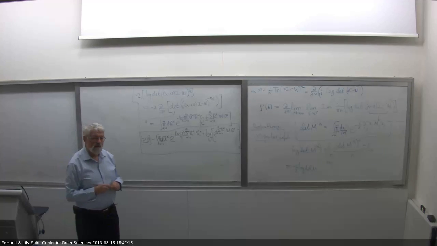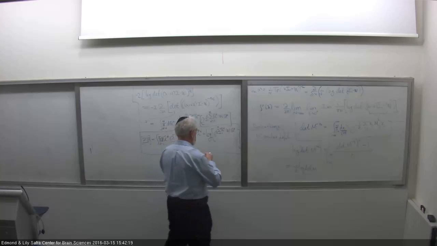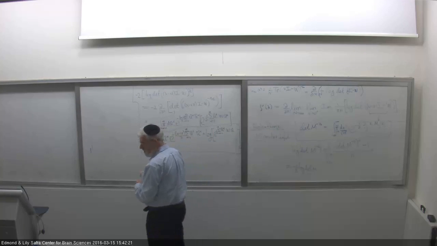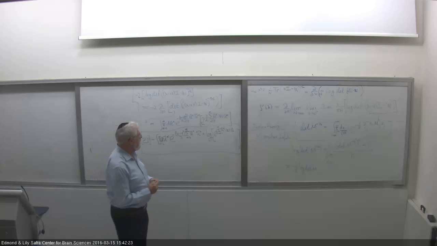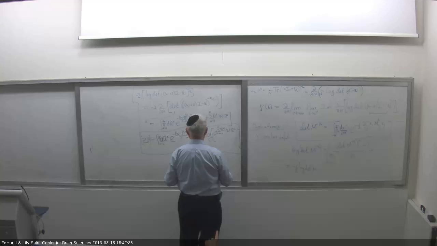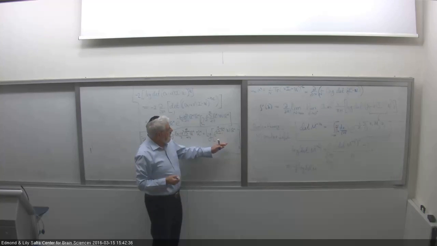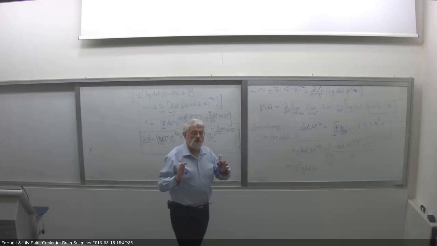How can we have beta? Ah, sorry, no, there's no beta here, it's alpha. Also in the line above, right. Thank you. Now what I said until now is general.